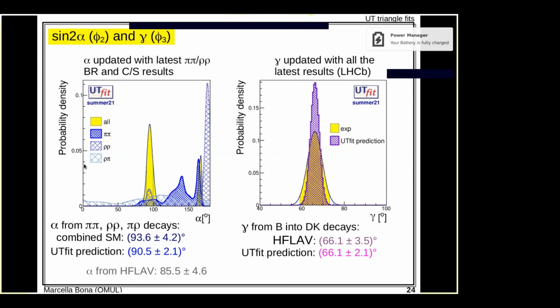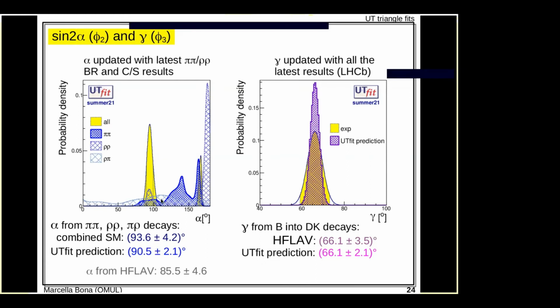For alpha, HFLAV does give a result. We still use our methods because to us it is more accurate, and you see these are all the probability PDFs from the various final states. I mentioned pi pi, I mentioned rho rho. There's also a less powerful analysis, because it's kind of old and low statistics, of rho pi. And you see that you have different distributions.